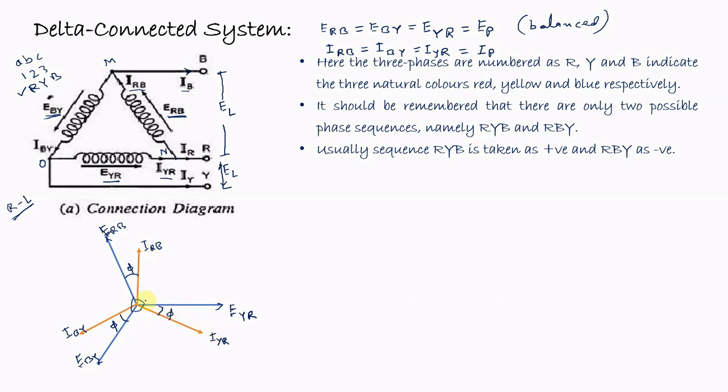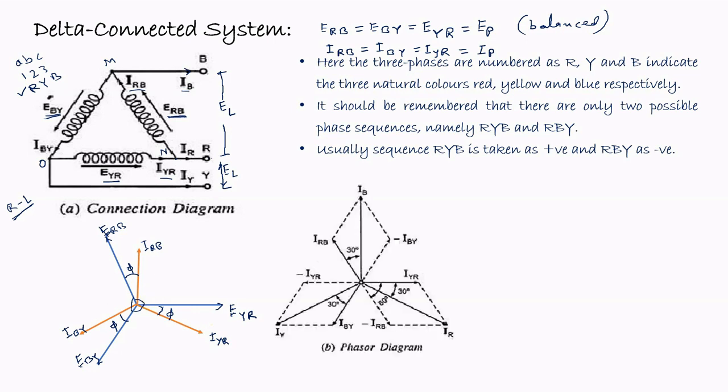If we draw the phasor diagram further by taking the current, here it is IYR, considered as the reference value on the positive x-axis. Then IBY will lag by 120 degrees, and IRB will lag the second value by another 120 degrees. So this is the phasor diagram of the three phase currents.